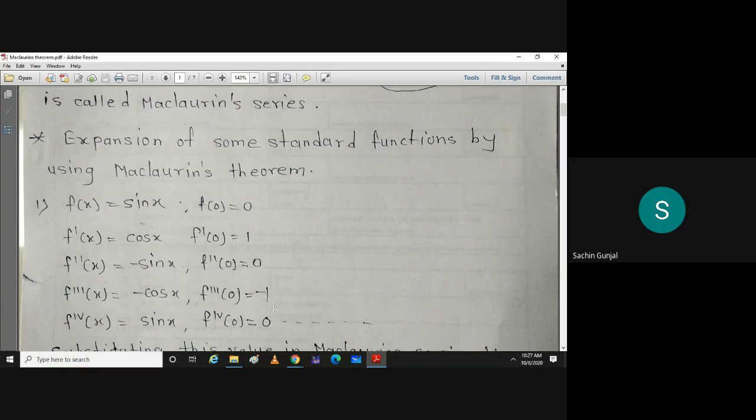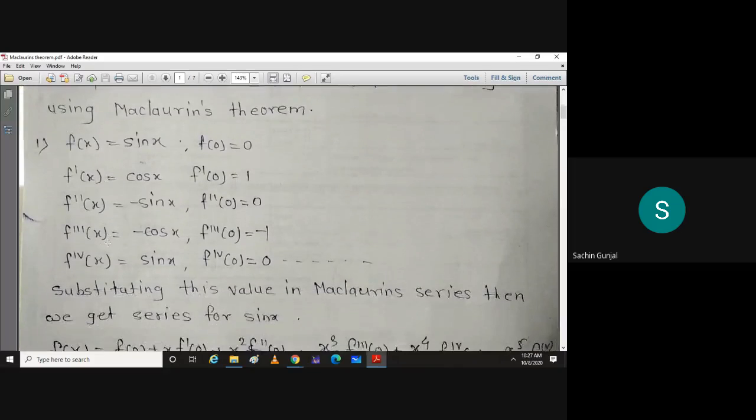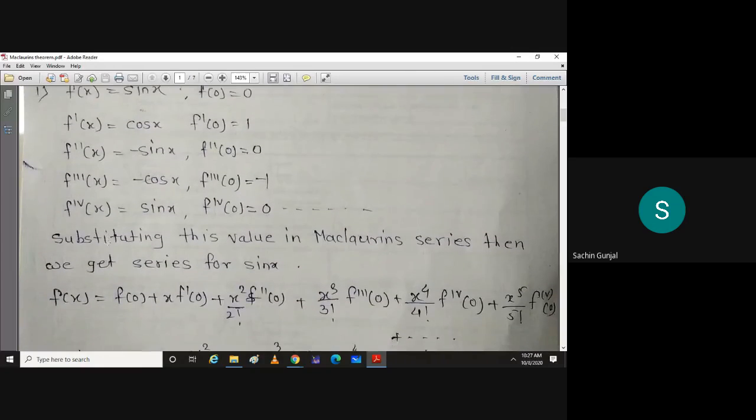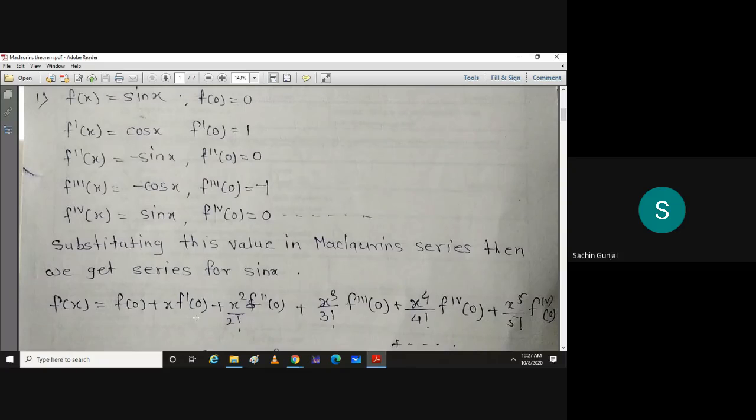Now you substitute these values here. f of 0 plus x f dash 0 plus x square by 2 factorial f double dash 0 and so on. So what it will be? 0 plus x into 1, that is x, plus x square by 2 factorial f double dash at 0, which is 0.